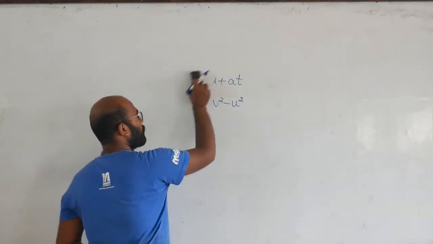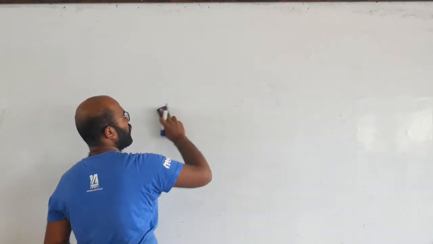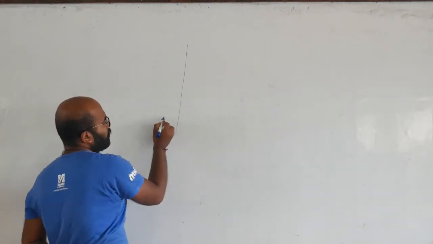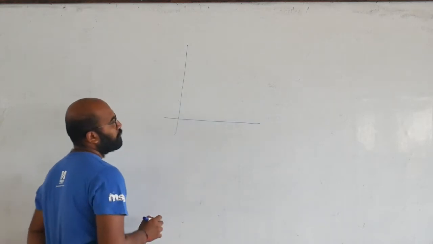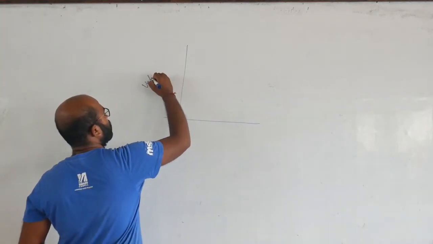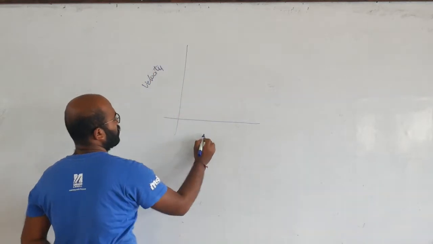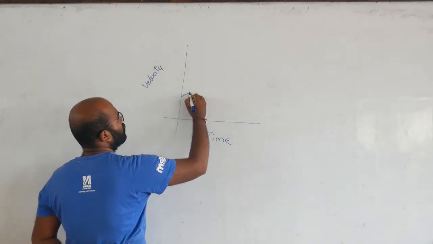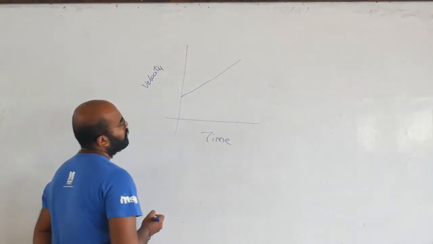So using the same graph that we had used in the earlier class, we will derive one more equation. So that is for displacement. So this is velocity and this is time. So this was a graph.